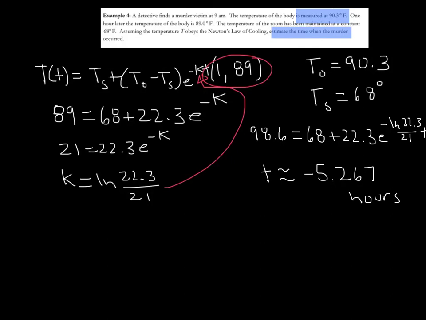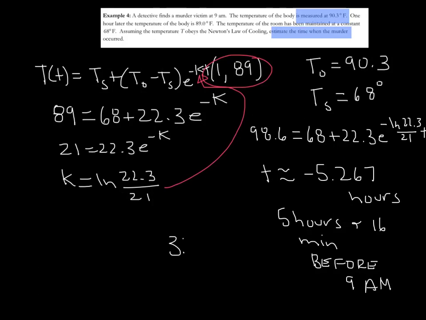If you convert that into minutes, that's going to be 5 hours and 16 minutes before 9 a.m., because that's when the guy found the body. So if you subtract all of that, that is going to be 3:43 a.m. is the time when the body died. That's a cool problem.